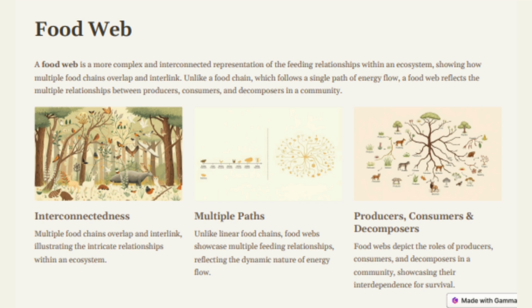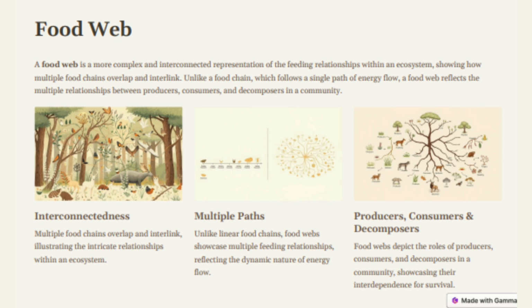But when we say food web, sanga-sanga, sala-salabat, no? So, pwede siyang kainin ng iba, and then, parang kumbaga sa roots, no? Gumagapang or marami siyang pwedeng maging branch or sumanga-sanga. Ayan. Showing how multiple food chains overlap and interlink.